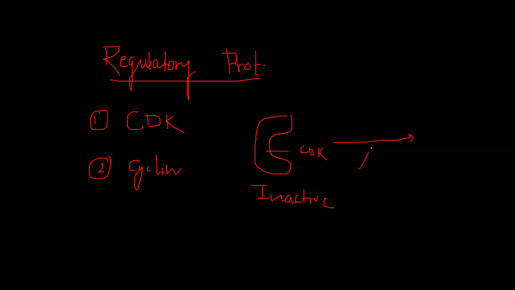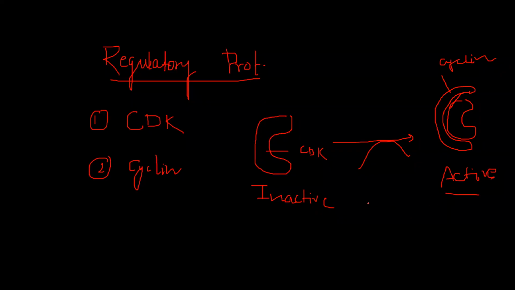But when cyclin comes, it will bind in an ATP-dependent manner. Then this is the CDK, and there will be attachment of cyclin here. So now this one is the active form of cyclin-CDK. This CDK protein remains present in the cytosol. They are inactive or active depending on the cyclin.